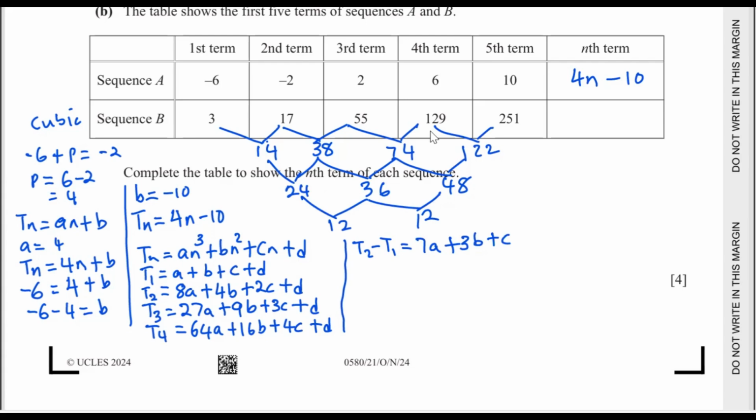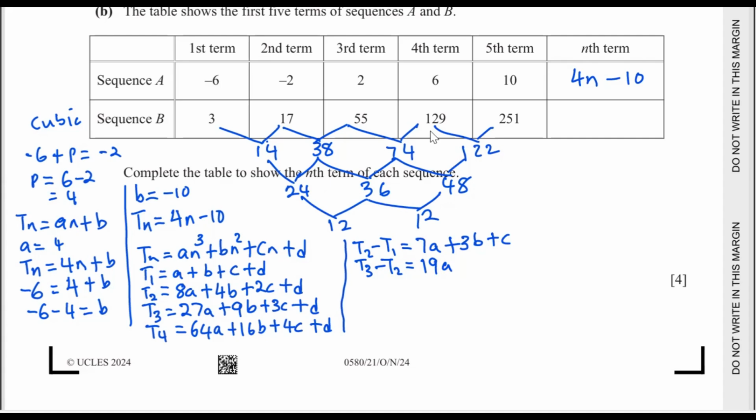If we look at T3 minus T2, that is going to give us 27 minus 8, which is 19. So here we are going to get 19a.